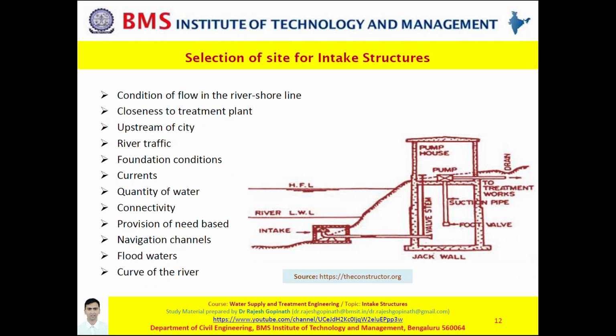Generally, it is preferred that the intake should be sufficiently below the shoreline. Please note the site should be very close to the treatment plant itself to avoid transportation charges or any other cost aspects. Yes, the intake structure should be located in a manner that it is free from pollution.